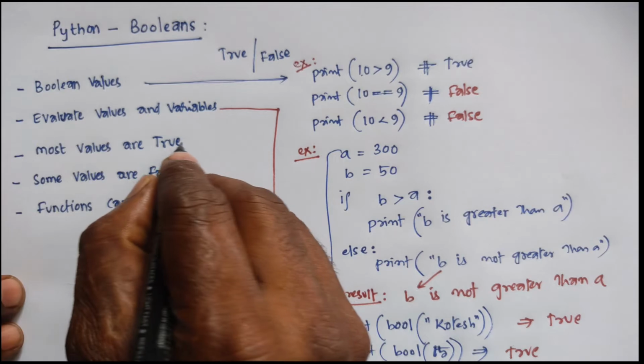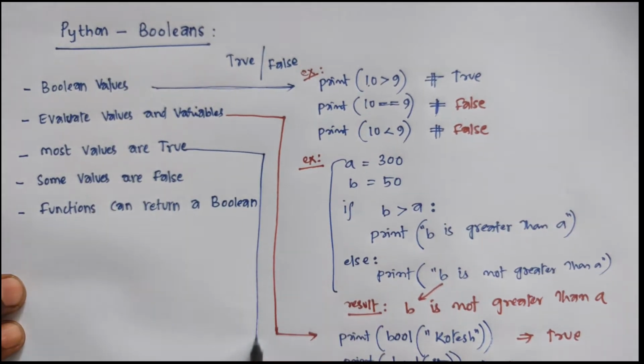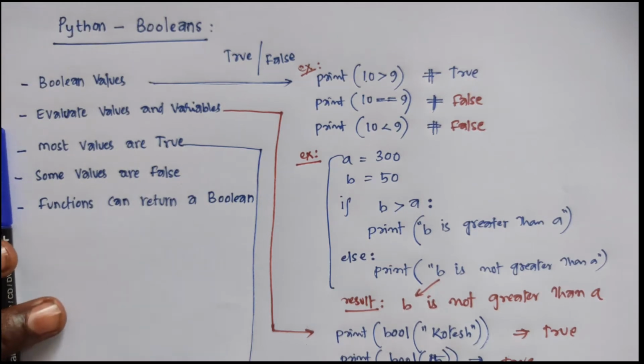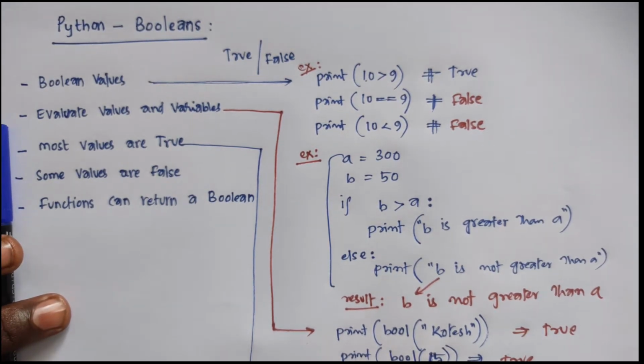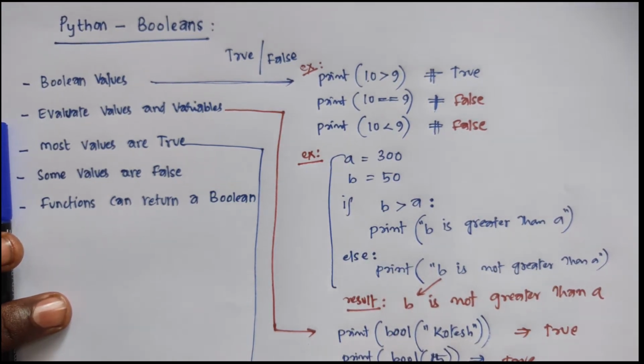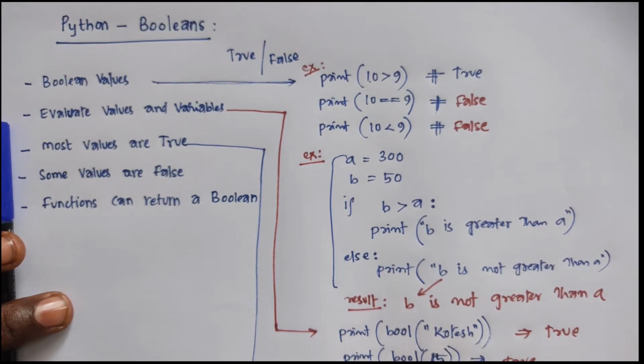Next one is most values are true. The best example is simply taking the Boolean function bool. In terms of a string, you take "abc". Next, bool of 1, 2, 3, and bool of a list.